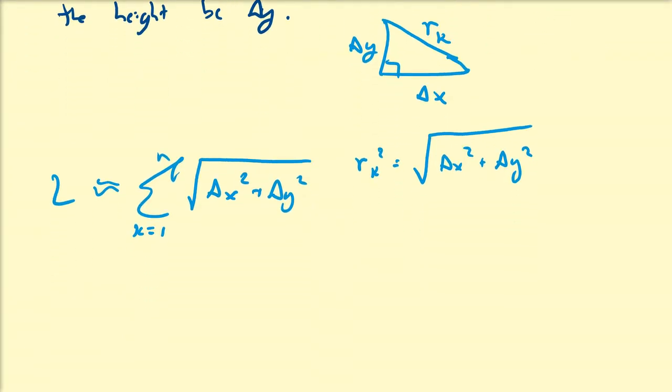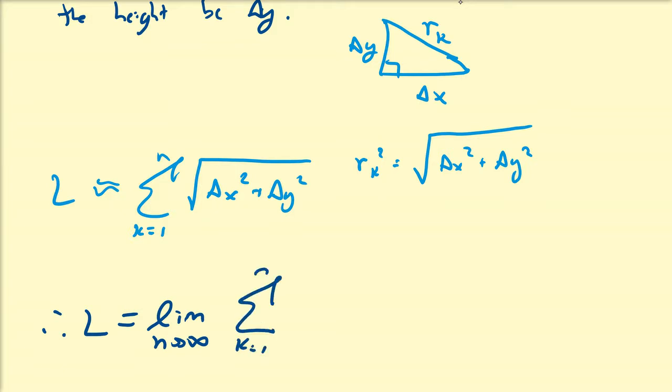So how can we make this more exact? We can increase the number of partitions. That means L is exactly equal to the limit, as n goes to infinity, of the sum from k equals 1 to n of the square root of delta x squared plus delta y squared.